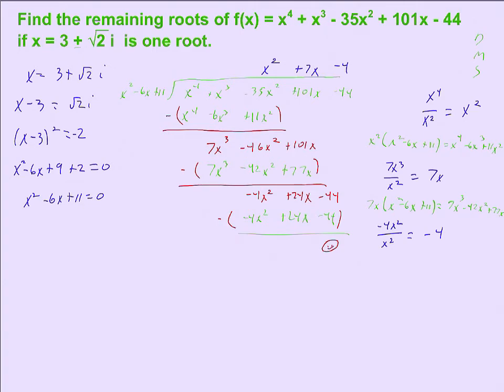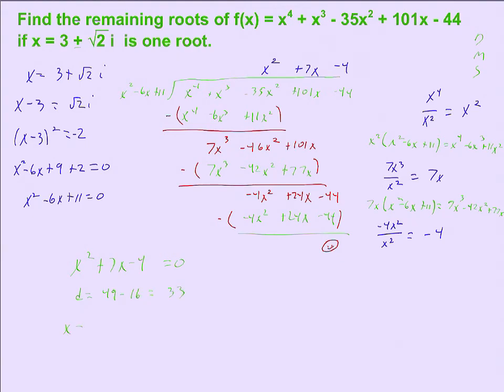So this is another way to get to the quadratic. x squared plus 7x minus 4. And if we want to find the zeros, we can solve that. This one doesn't factor. I could complete the square, but that would deal with fractions. So what I'm going to do is jump right into the quadratic formula. I'll do b squared minus 4ac.